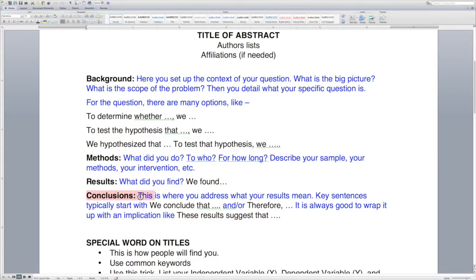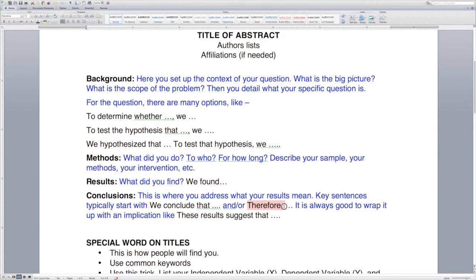So that leads you to your conclusions, and this is where you address what your results mean. And you want to have key sentences that typically start with, we conclude that compound X for ADHD is ineffective. Or the difference between people with depression and healthy controls is large in this particular way.